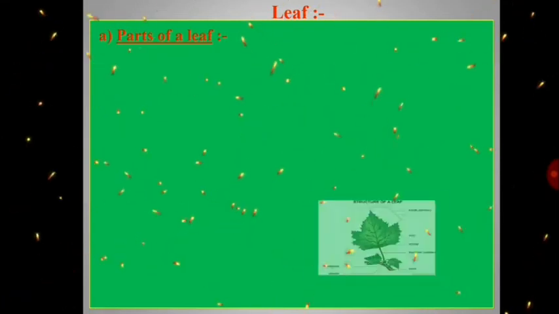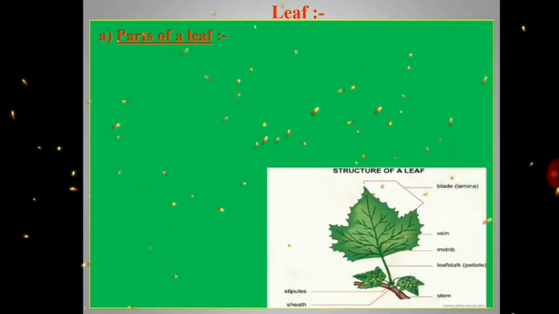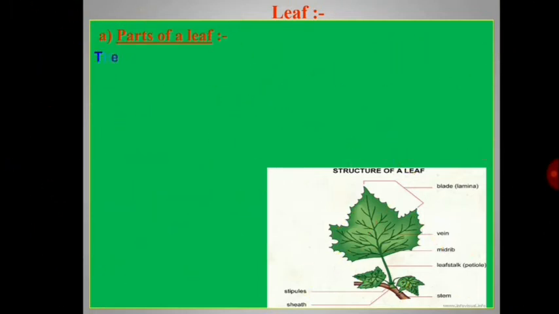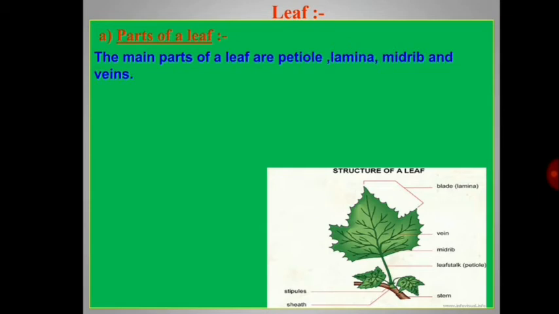Leaf arises from the nodes of the stem, and there are different parts of a leaf. Let us see. If you see the structure of a leaf, you will find the different parts of leaf like petiole, lamina, midrib, and veins.